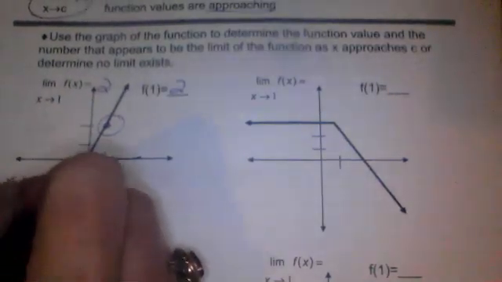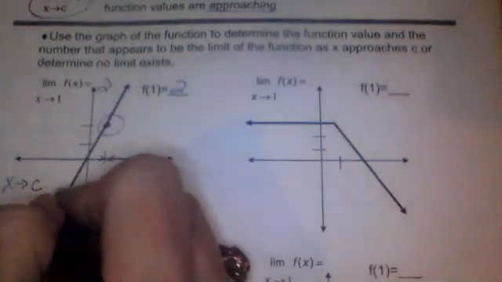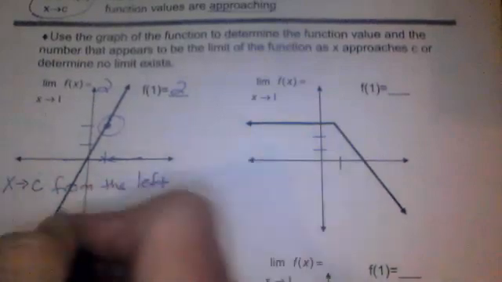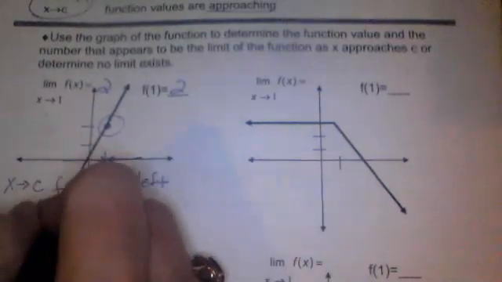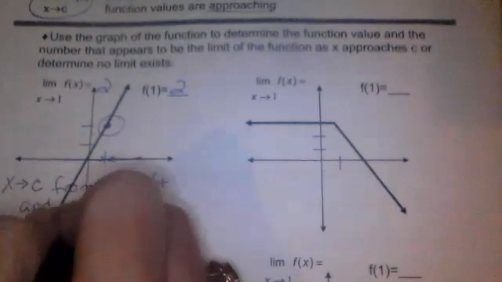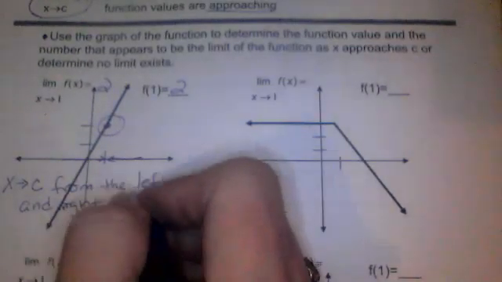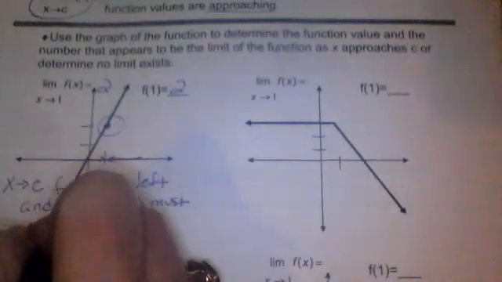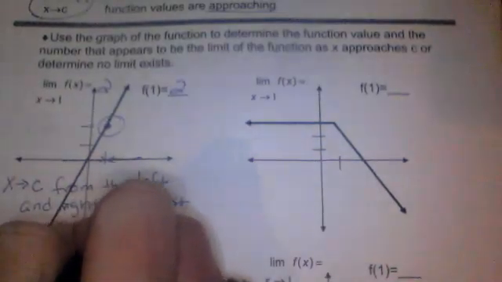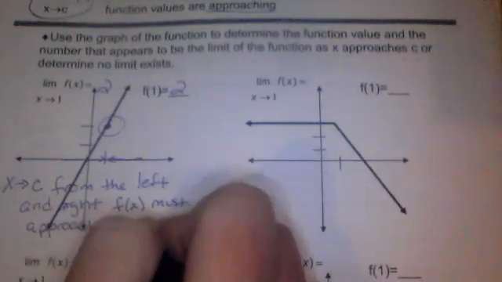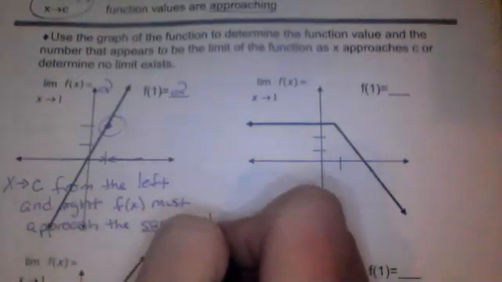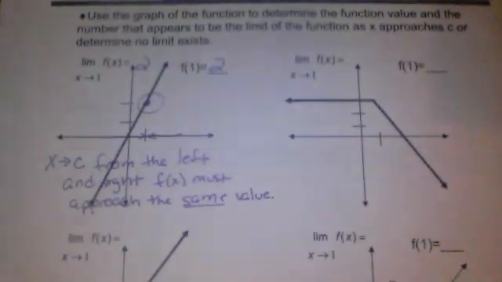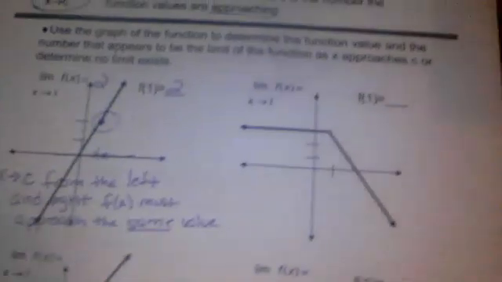As x approaches c from the left and right, f of x must approach the same value. And you'll see what that means here in a minute if that's not something that's clear to you right now. Okay, so let's look at this next one.